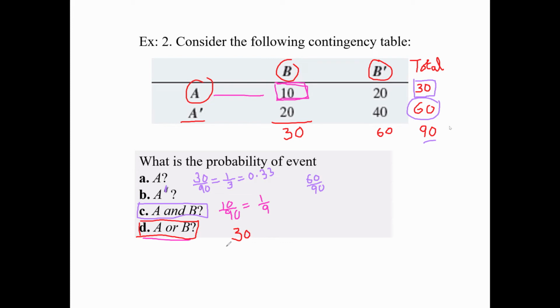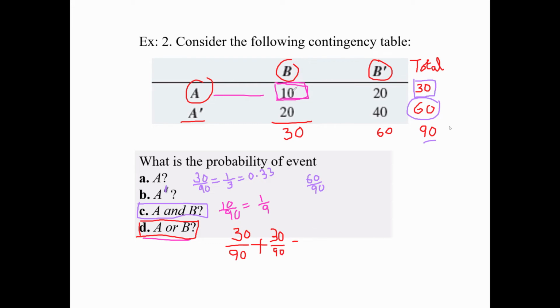Plus probability of B, which is again 30 over 90. Minus probability of A and B.